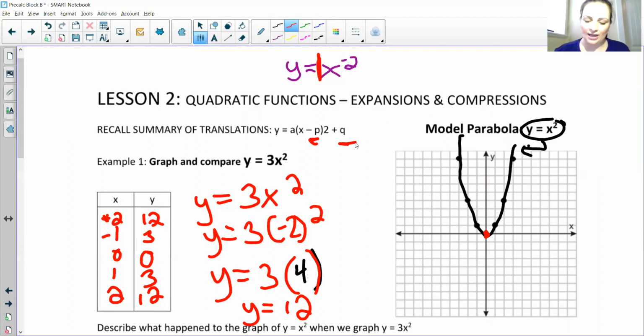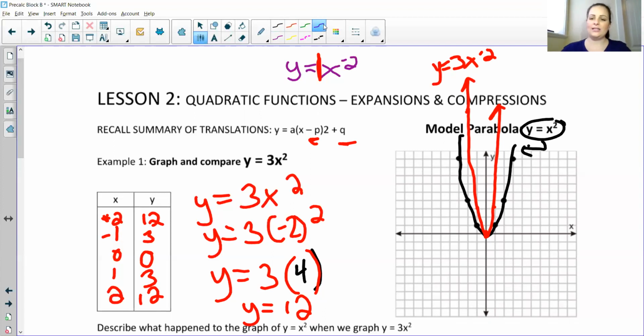And you're going to find that it is squished. It's like this squish thing, and you can't even get the next points on the graph. It looks like this. So this one in red is my y equals 3x squared.